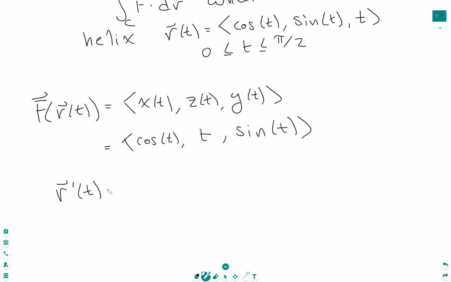So r prime of t is (negative sine of t, cosine of t, 1).